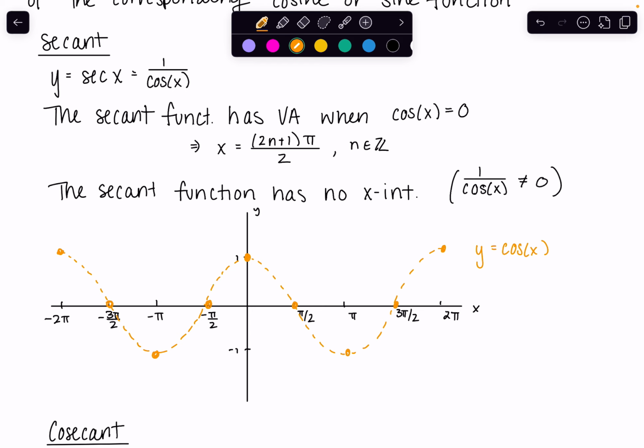Okay. So we now are going to utilize this to get our graph of secant, because I'm going to take the output of the cosine function and that goes in my denominator. So if you think about here, cosine of pi over 2 is 0, so secant would be 1 over 0 here. So this x-intercept actually turns into a vertical asymptote.